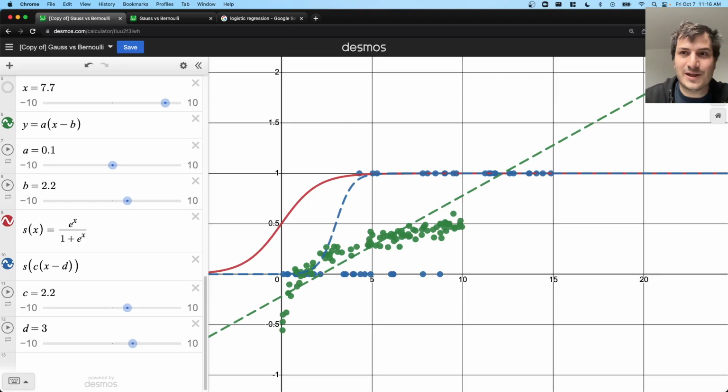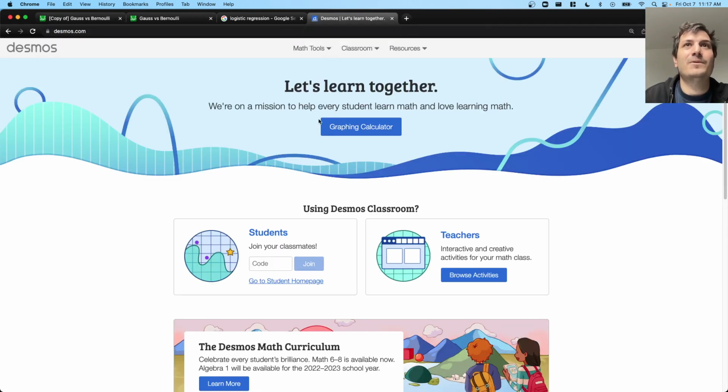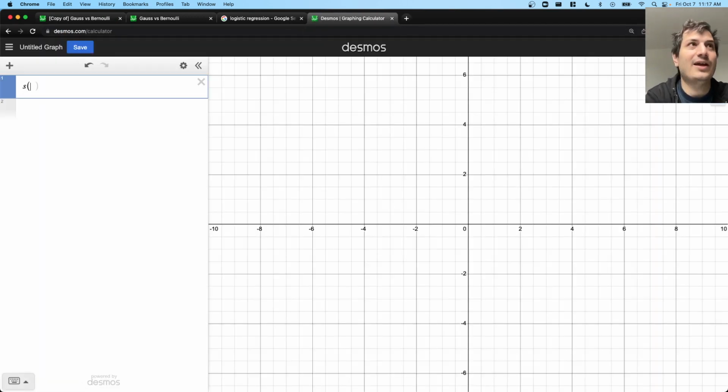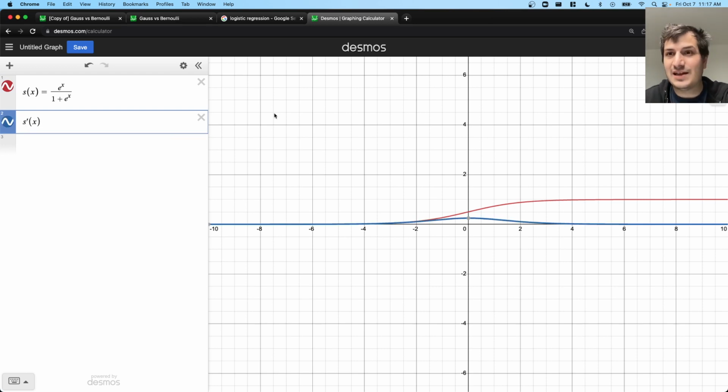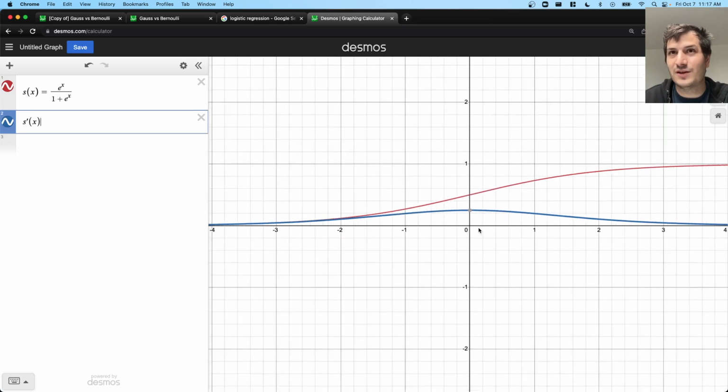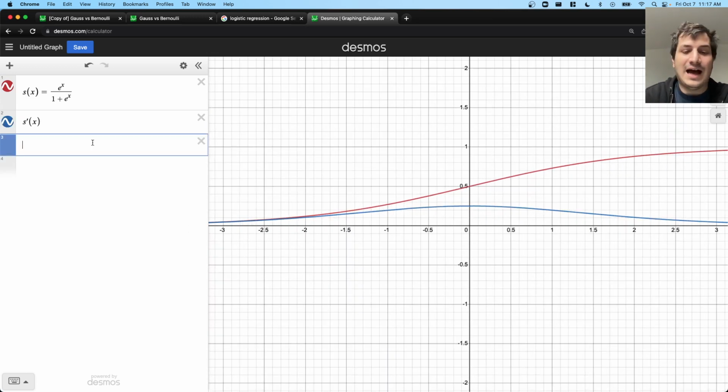And you can see this visually. So let's just get a whole new Desmos. So s of x, the sigmoid function, is e to the x divided by 1 plus e to the x. All right. And I'm claiming its derivative is something. So Desmos knows how to do derivatives, so it did quotient rule and it figured out the derivative is this blue curve. I'm claiming that's the same as s of x times 1 minus s of x.